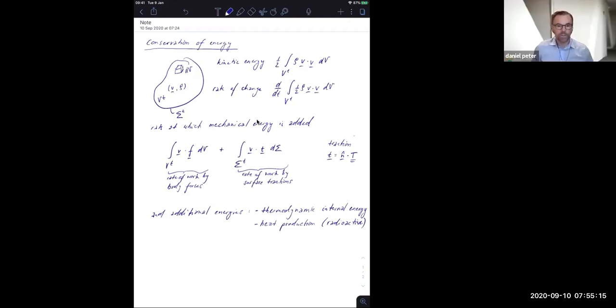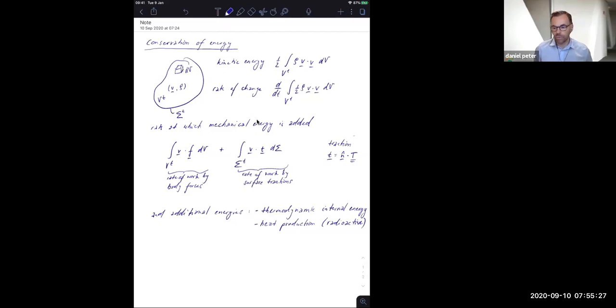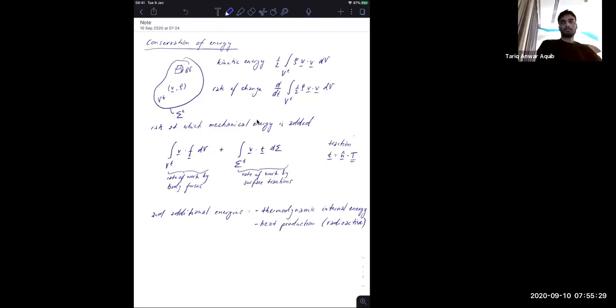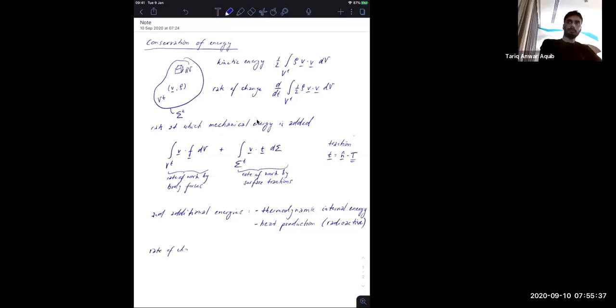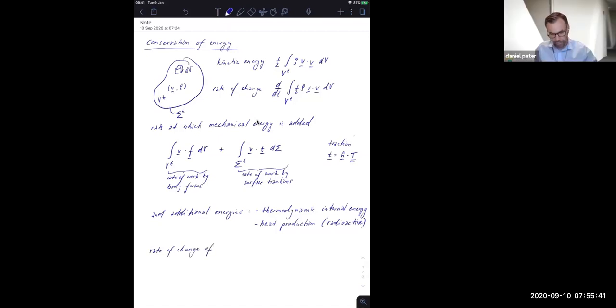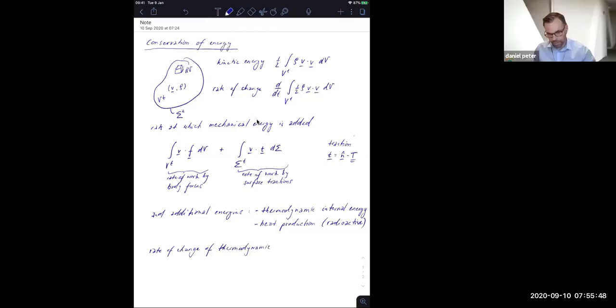Good, and what we are interested in is again the rate of change of these energies, or the rate at which they are producing heat, for example. So let's write this down. What we're interested in is the rate of change. The first one, the thermodynamic internal energy.